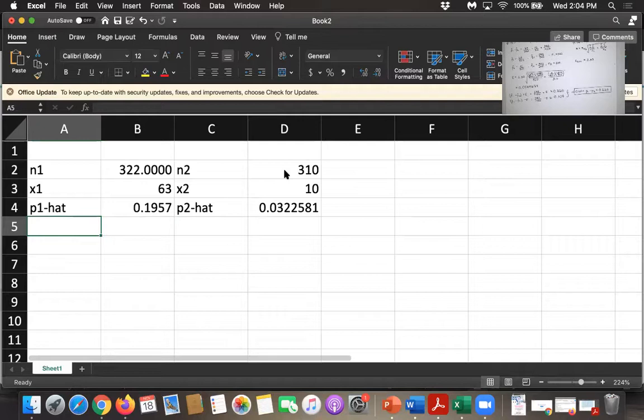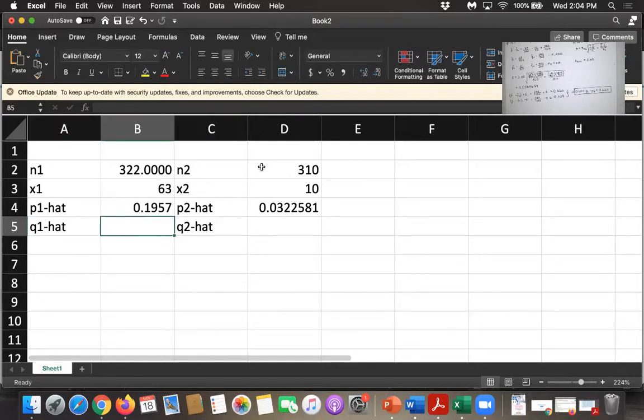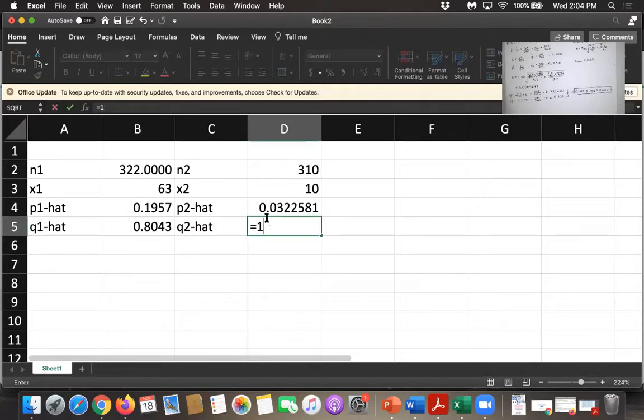So now if I want to compute Q1 hat and Q2 hat, all I do is I take P1 hat and P2 hat and I subtract them from 1. So Q1 hat is 1 minus P1 hat, and Q2 hat is 1 minus P2 hat.